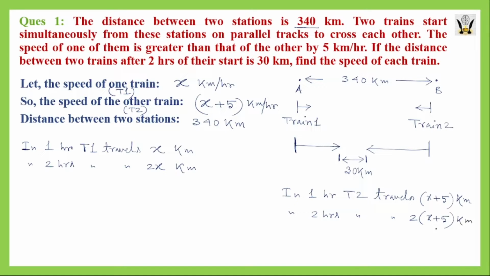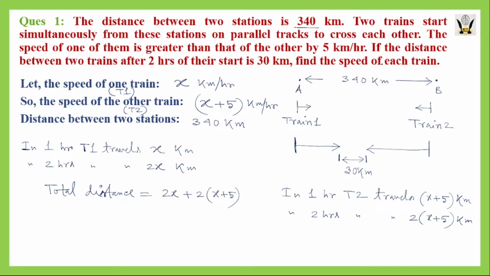So that is the distance for train 2. Now what is the total distance covered by train 1 and train 2 in 2 hours? It will be 2x by train 1 and 2 multiplied by x plus 5 by train 2.